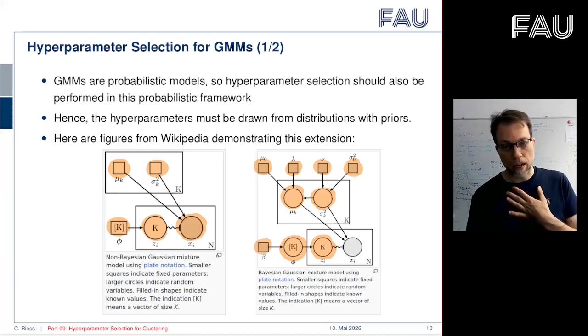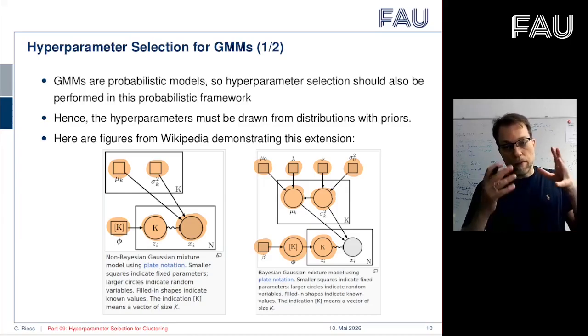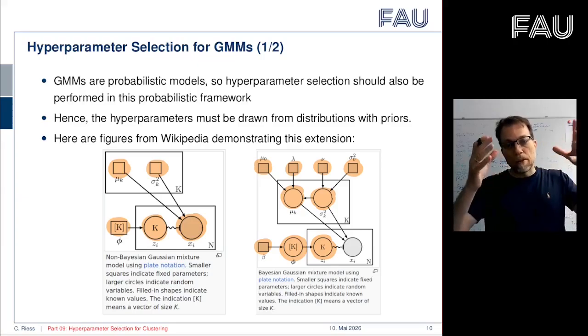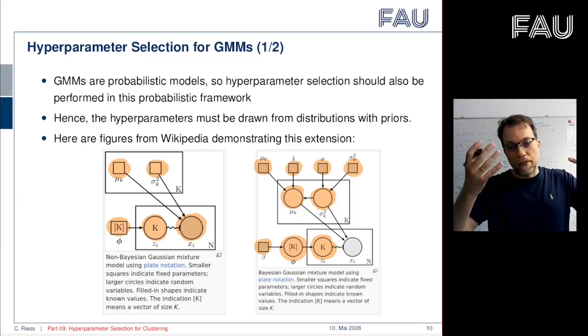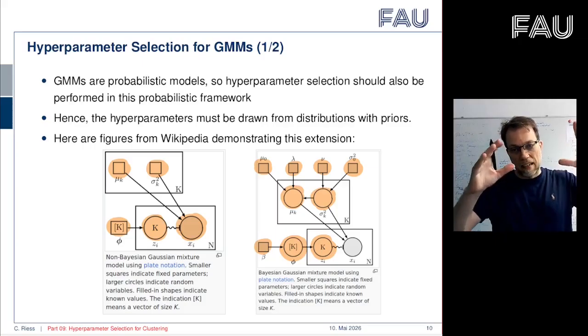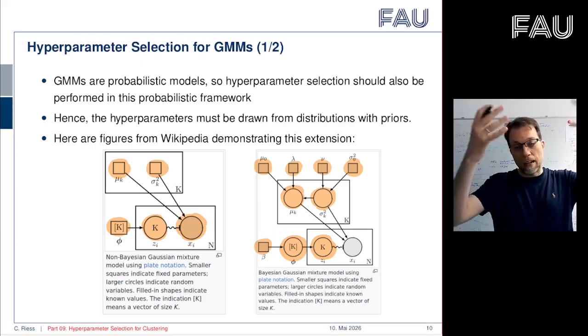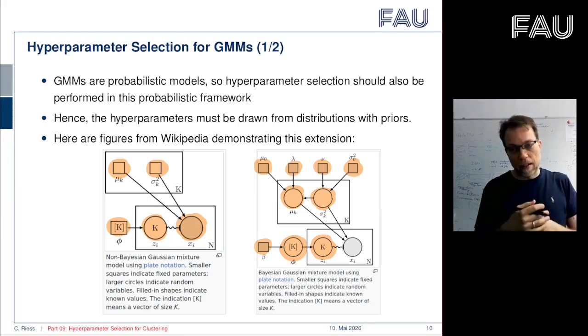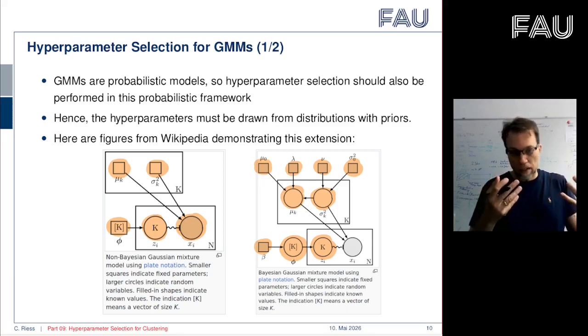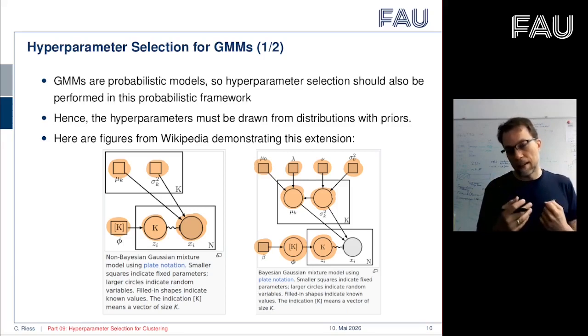Here we have a prior beta for a Dirichlet distribution, and most likely. So the hyperparameters become variables in a sense that again have priors associated, and we have to find the most plausible distribution of such models, where again we can select the most plausible model from.